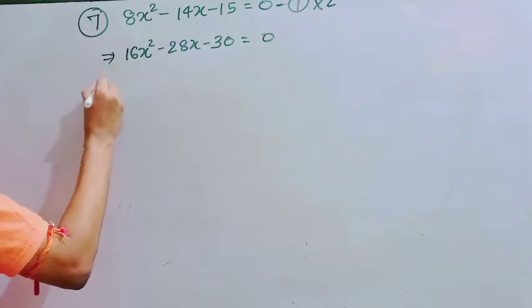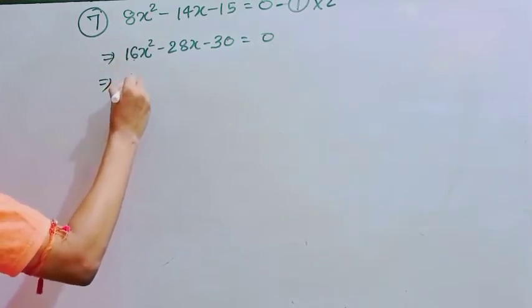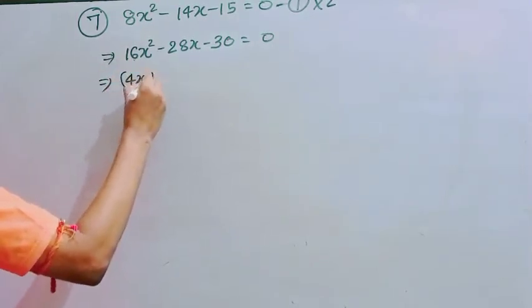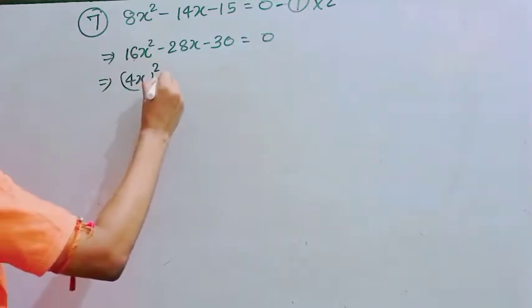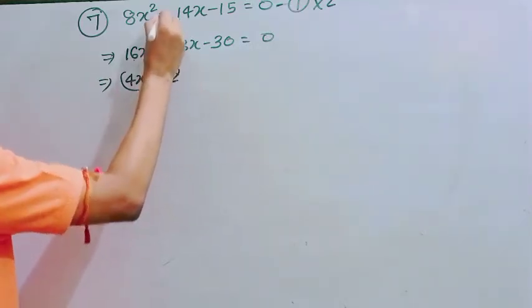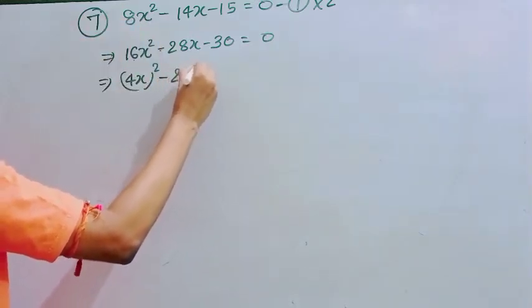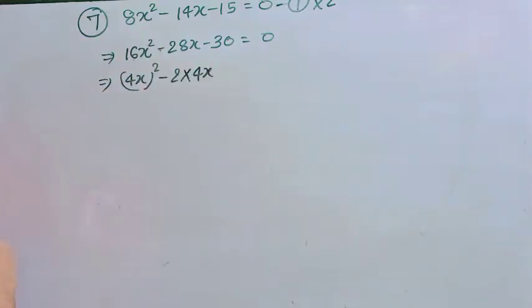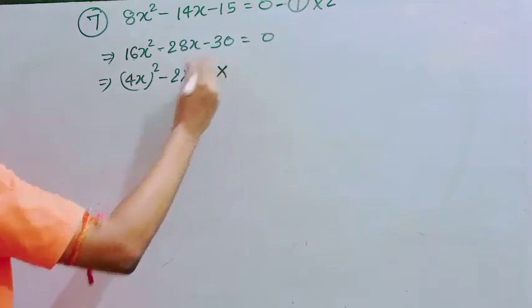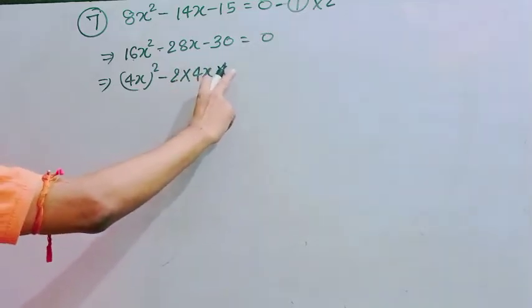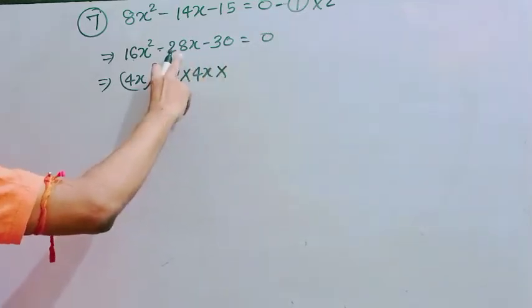Next step, it is a square. So what number is the square? That is 4x. So it is a square minus 2. I write here minus, then you write minus, here plus, then you write plus. Minus 2 into a into b. What number multiplies at the place of b to get 28x?